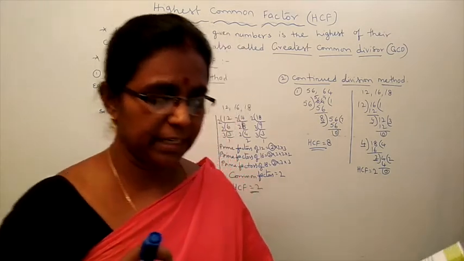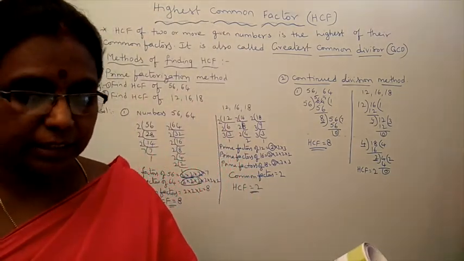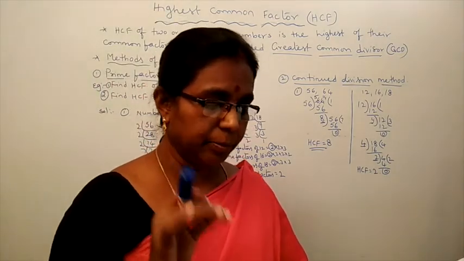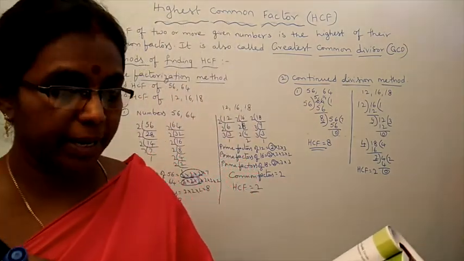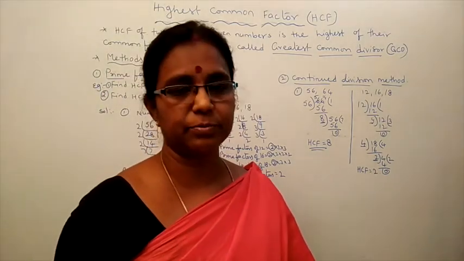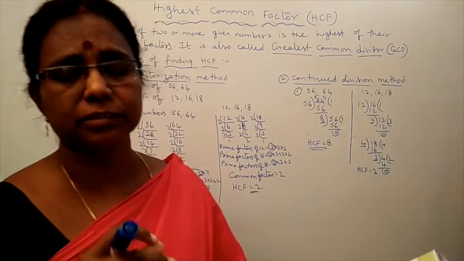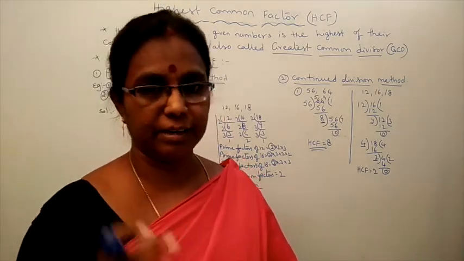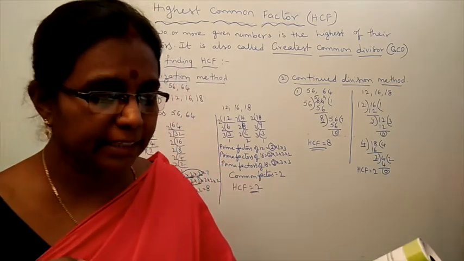When you measure with that stick, the length, breadth, height must be measured in an exact number of times. That means, suppose, half a meter or 1 meter should not be left over.